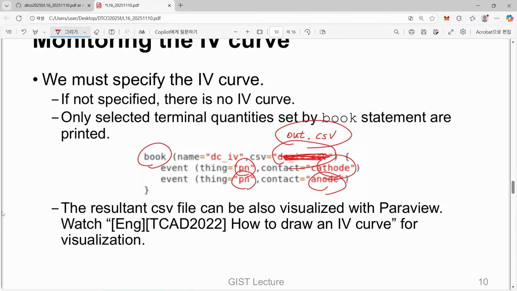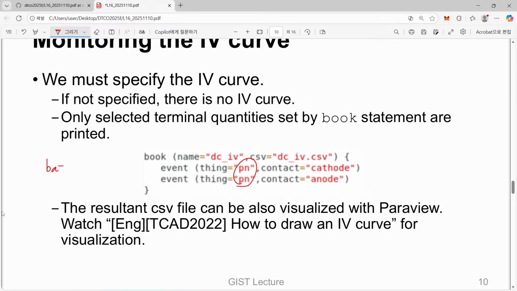Now you may have a question about this specification. Here we have two different things, the PN junction and the voltage source battery. But I have not added the event related to the battery. Why? Because they are just duplicated.